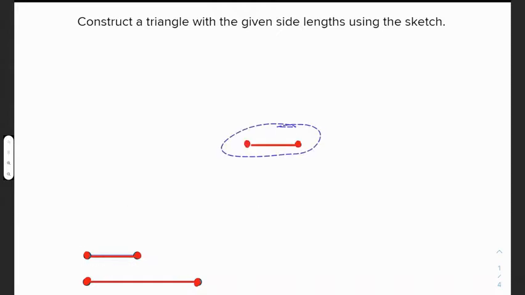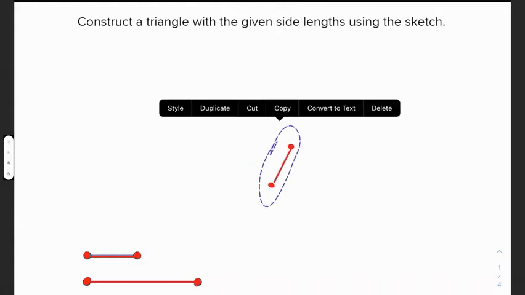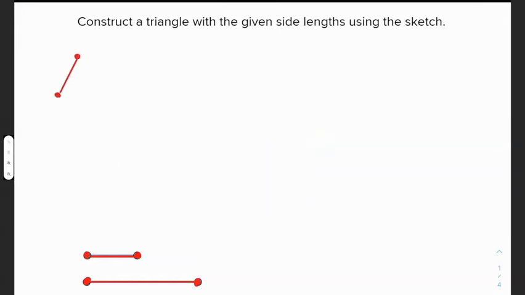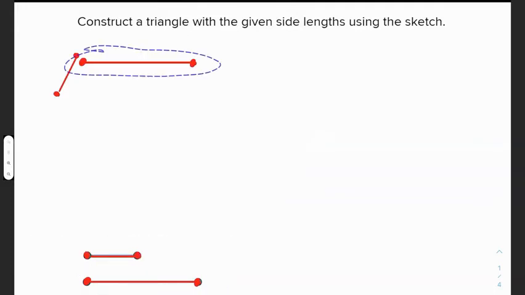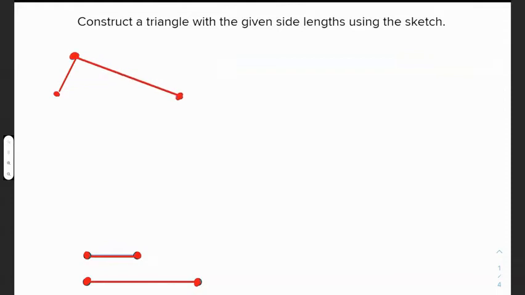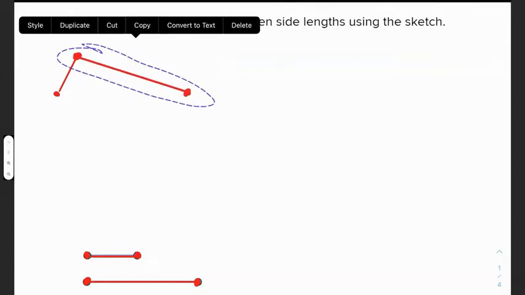Let's paste. Let's rotate. Okay, and I'm like, you know what? I want to build a triangle. All right, let's move this over here, and then I want to get this side. Copy, paste. I want to do that right there. There we go.